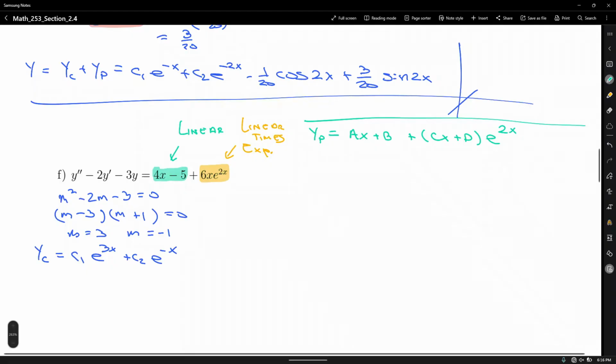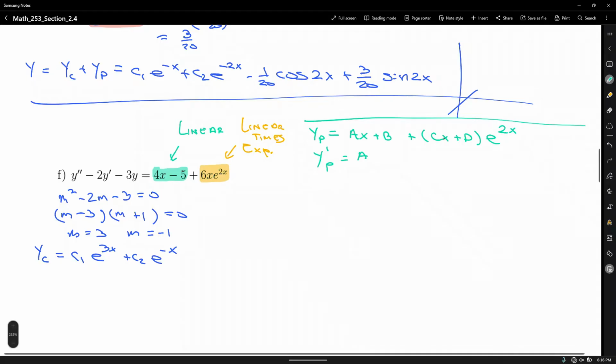Let's take the derivatives. The derivative of ax plus b, that's y prime sub p equals a plus the derivative of b, which is 0. And with respect to the next term, here we're going to use the product rule.